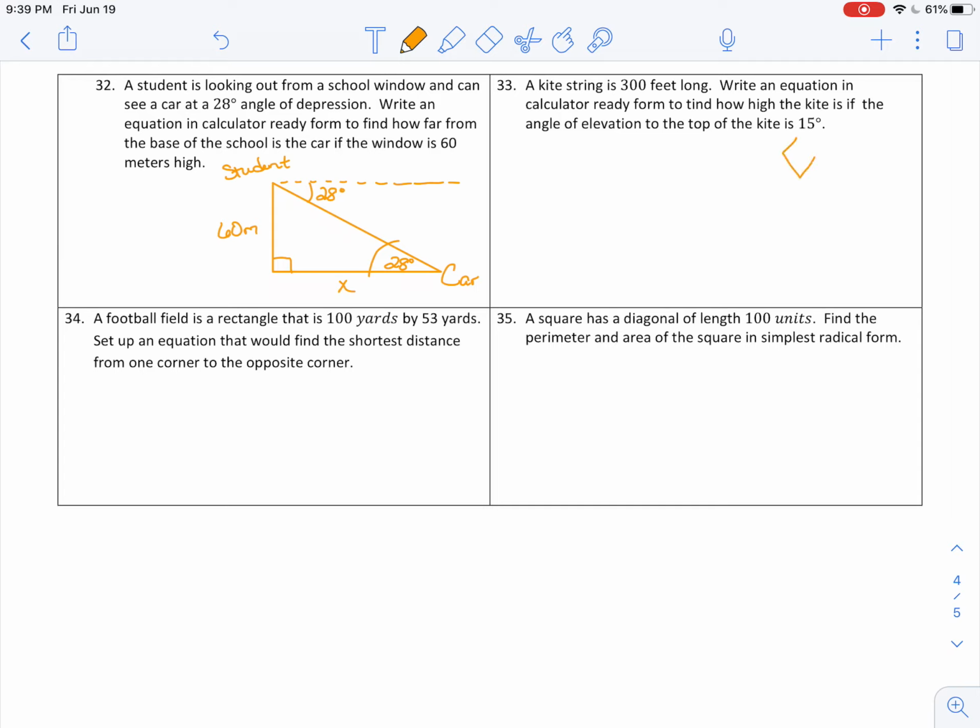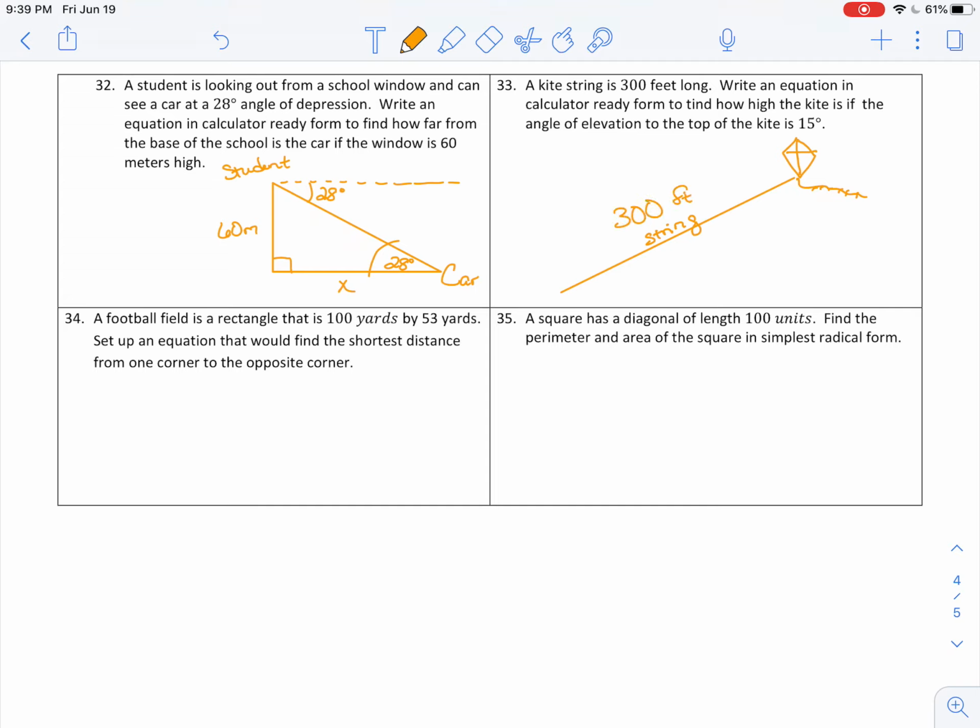Number 33, a kite string is 300 feet long. It's possible that you've never flown a kite, which is fine, but kites blow in the wind, which means the kite string attaching it to the kid who's holding onto it is at an angle because the wind's blowing it away from the kid. So this is my kite string here.